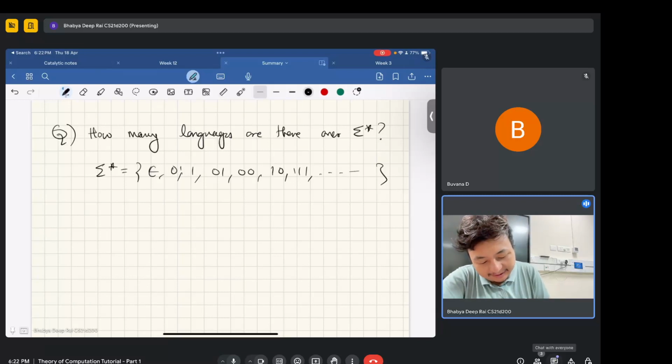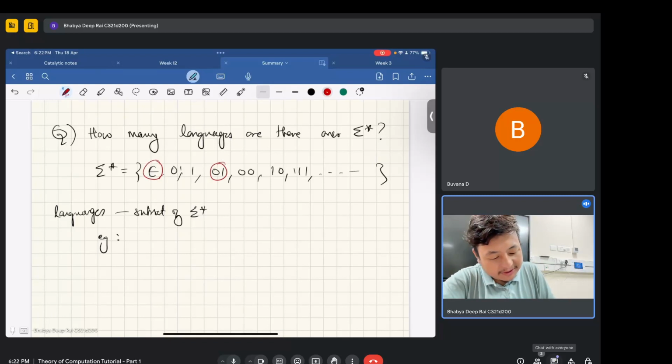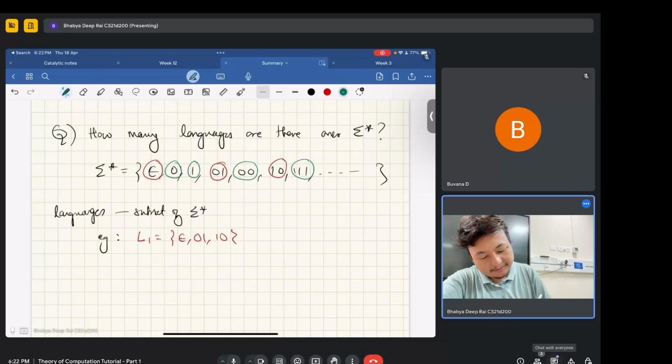And what is a language? It is a subset of sigma star, right? For example, I can choose epsilon, 0, 1, 1, 0 as one of my languages. This is one language, and another language is 0, 1, 0, 0, 1, 1, 1.